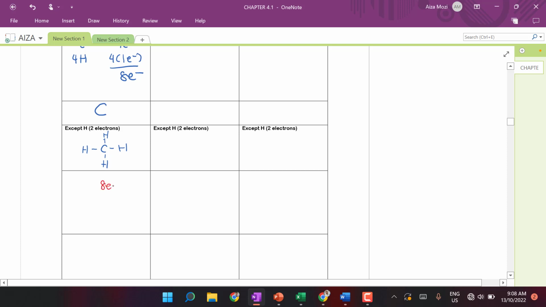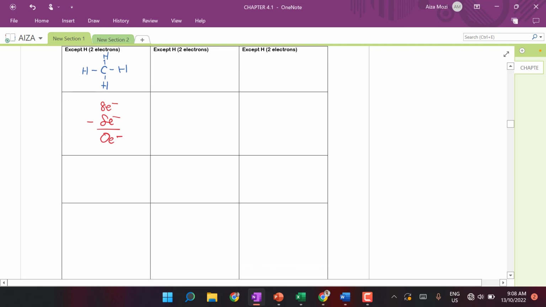The total valence is 8, so you already used 8 electrons: 2, 4, 6, 8. There is no electron left. Make sure everything is octet except hydrogen. Hydrogen is duplet.